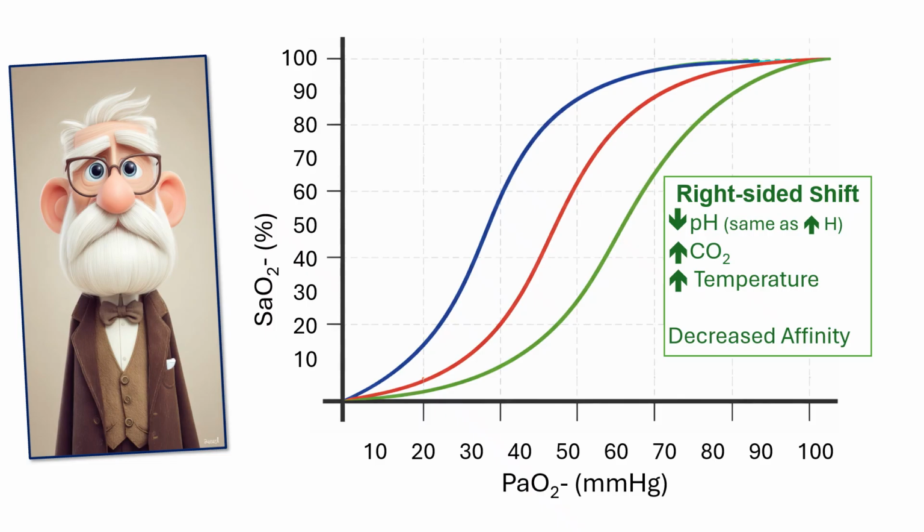When in our body we have increased hydrogen, and remember, increased hydrogen is going to be a decreased pH, we have increased CO2 and increased temperature, we'll have a decreased affinity for oxygen. That's the hemoglobin, right? So they won't want to be attached to each other as much as they usually do. That's the rightward shift.